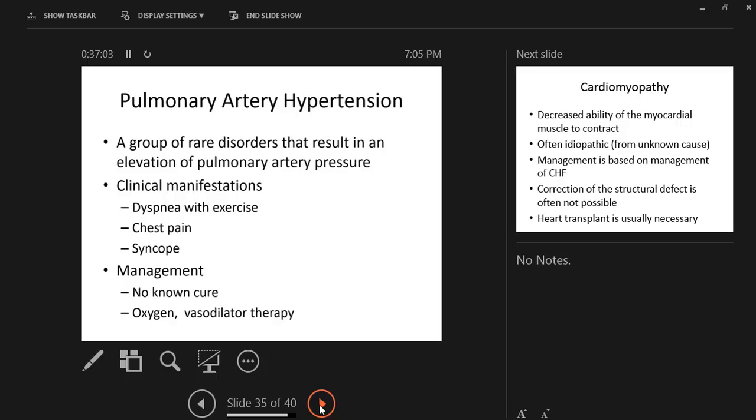Clinical manifestations would be dyspnea with exercise, chest pain, and syncope, and this can go from being mild to being life-threatening. There's really not a known cure, so they treat it palliatively or symptomatically with oxygen and vasodilator therapy. And of course, if the child had sleep apnea, they would definitely need to be treated for the sleep apnea as well.